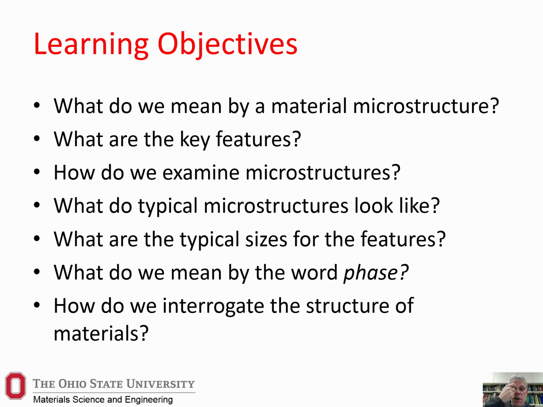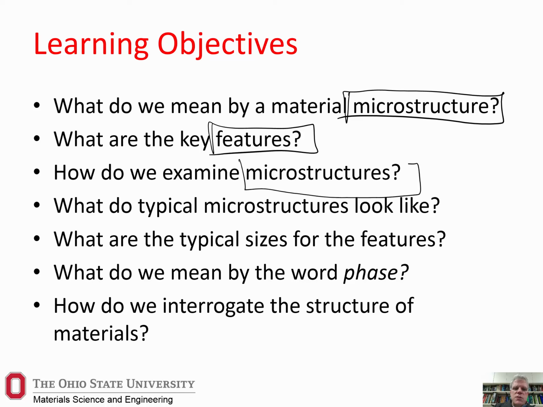So the learning objectives for this: we want to describe what we mean by the word microstructure. Microstructure is really a series of features. We examine those in a certain way and show you what they look like. In the mode of this class, we're going to talk a lot about size scales and use that as a way of bringing math in and understanding the world quantitatively.